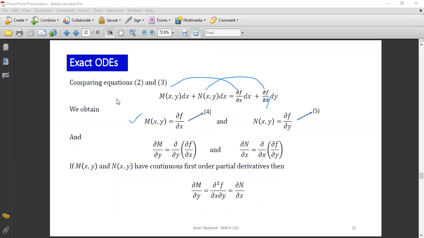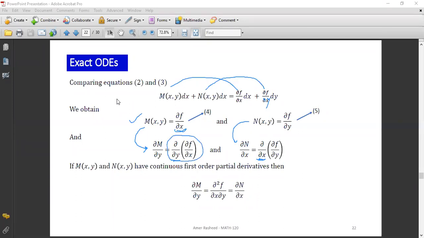If we take the partial derivative of M with respect to y and the partial derivative of N with respect to x, then on the right hand side, partial by partial y, and on the left hand side, partial by partial x. Now, what is this derivative?